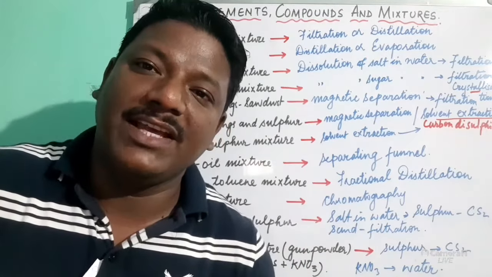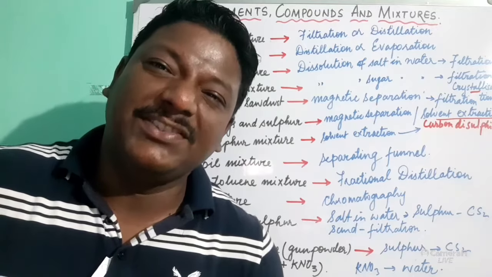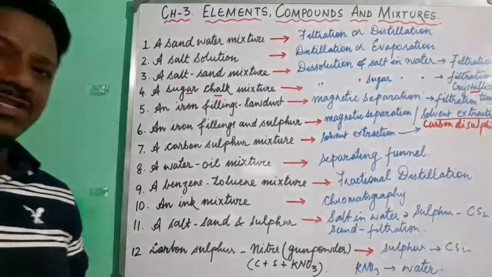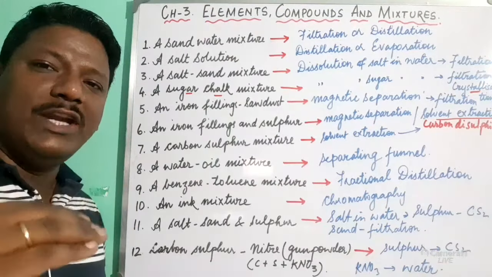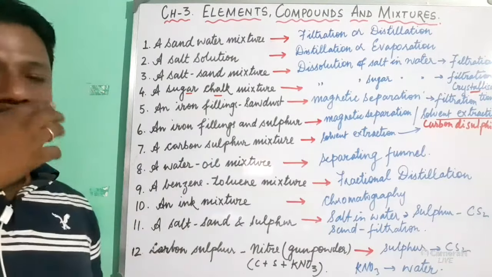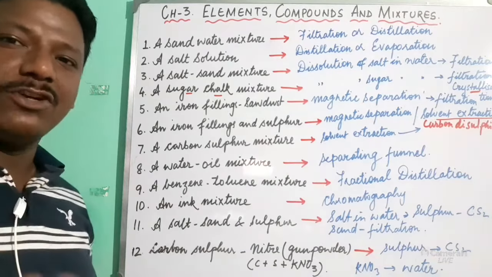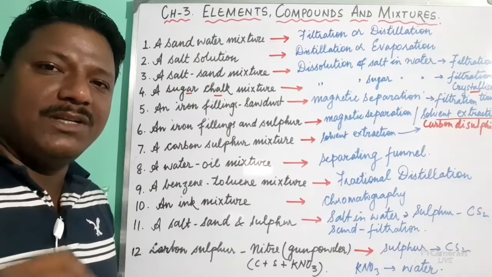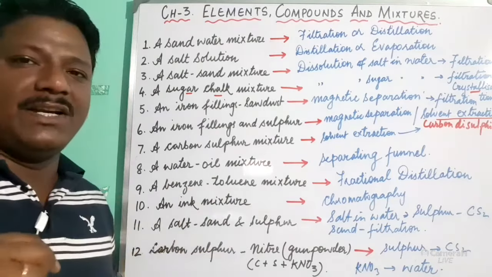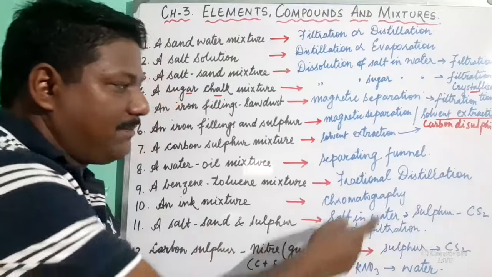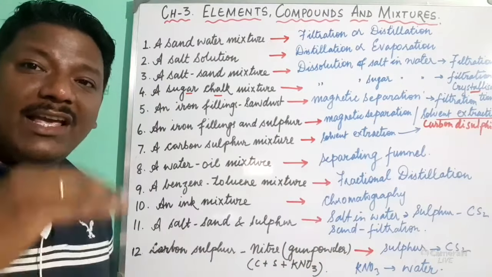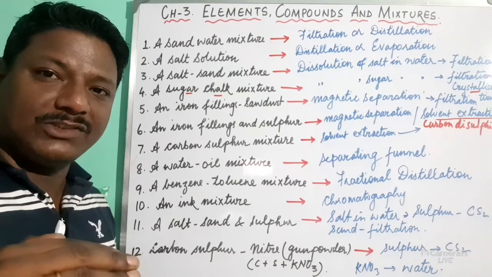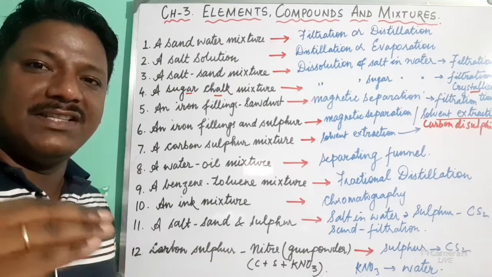Because of the difference in their densities, they will not mix with each other and they will form two layers. Liquids that mix are called miscible, which I have already taught you. So those that do not mix are called immiscible liquids. They can be separated with the help of a separating funnel. With the help of a separating funnel you can separate them out, because there is a difference in their density.